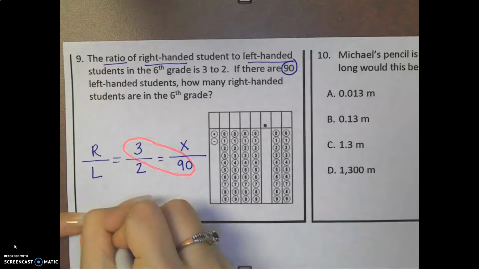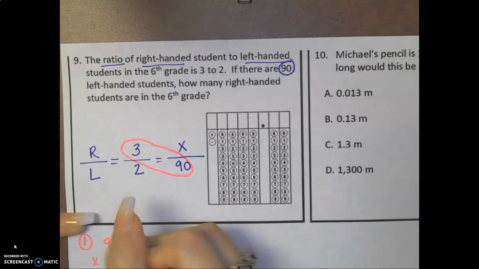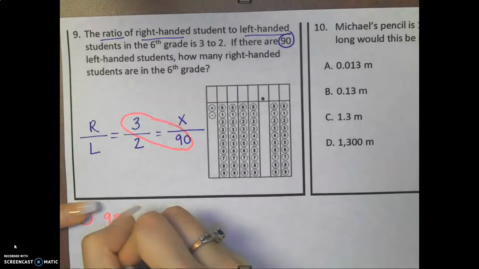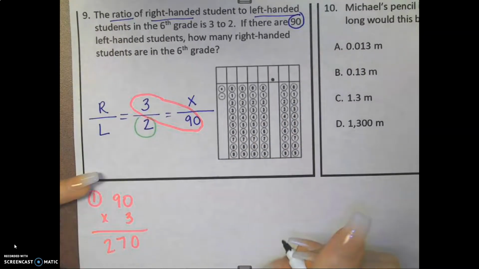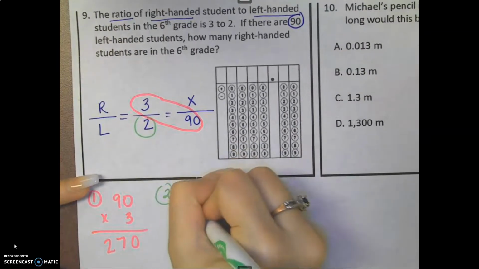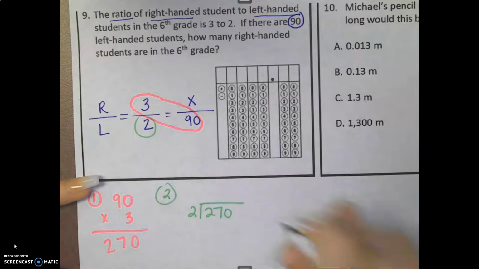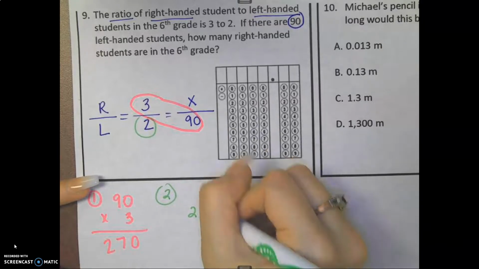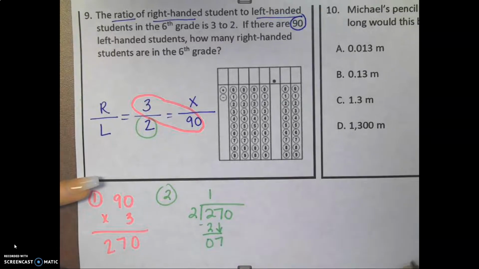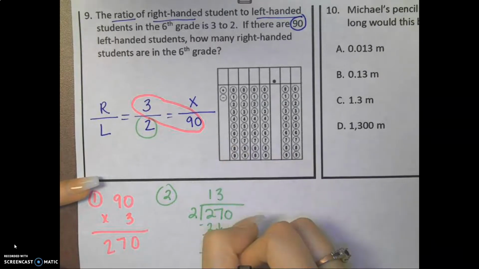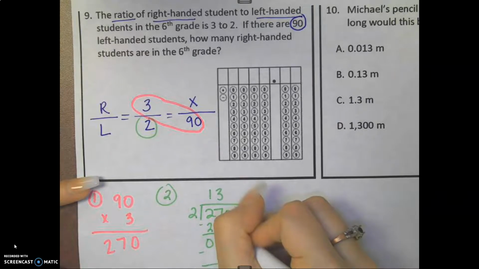So 90 times 3. 3 times 0 is 0. 3 times 9 is 27. And then step 2 is to divide by 2. So 270 divided by 2. 2 goes into 2 once. We get 2. Bring down the 7. 2 goes into 7 3 times. We get 6. 1 left over.